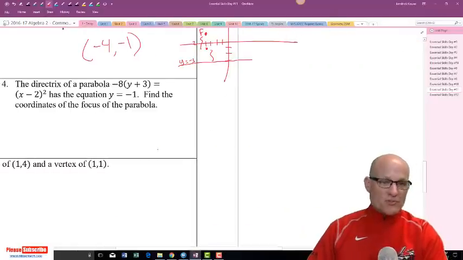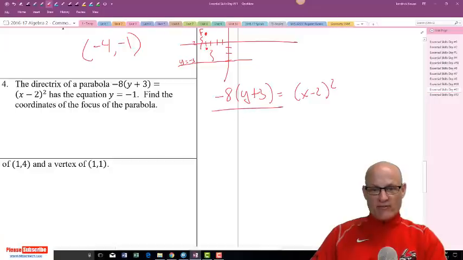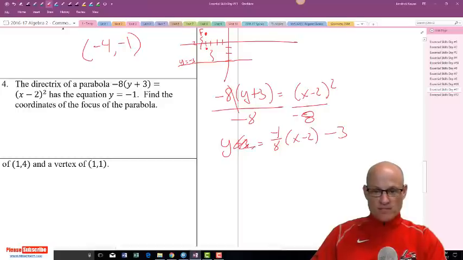Oh, this one. So, let me do this over here. Negative 8(y plus 3) is equal to (x minus 2) squared. Divide by negative 8. So I get y plus 3 equals negative 1/8 (x minus 2) squared. And then subtract the 3 over. So my vertex is (2, negative 3).